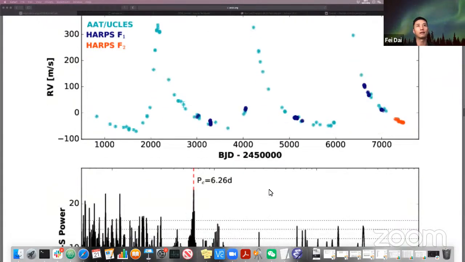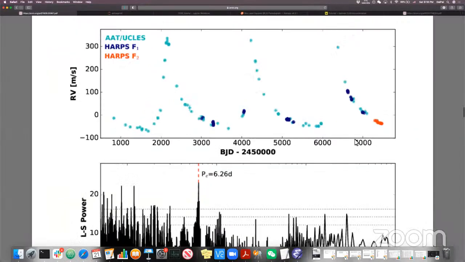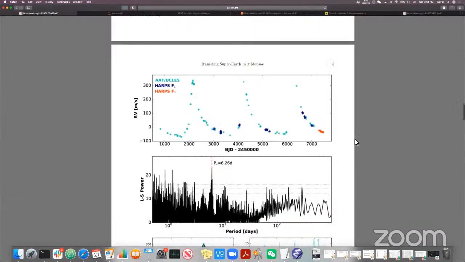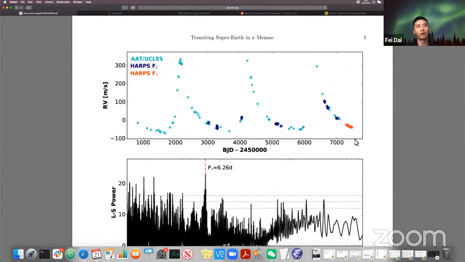All right, the third plot of this paper, let me zoom out a bit. The uppermost panel shows the so-called radial velocity measurements across time. Again, the time is quoted in BJD minus some offset.